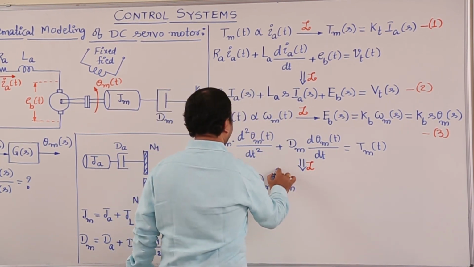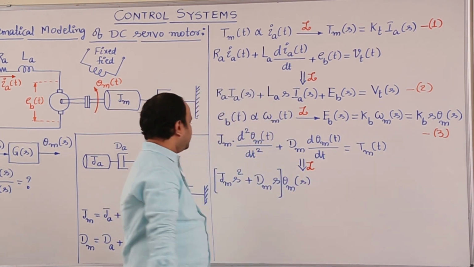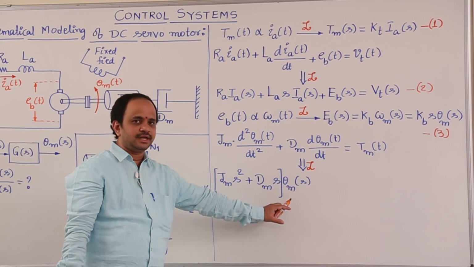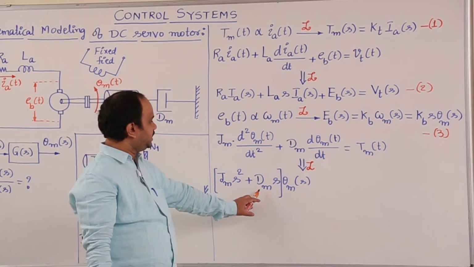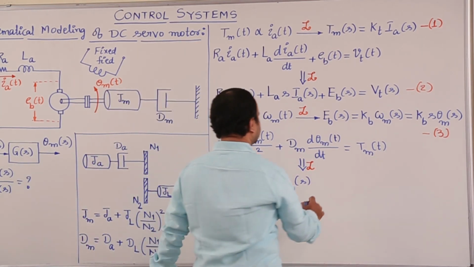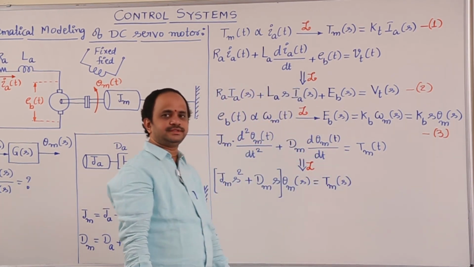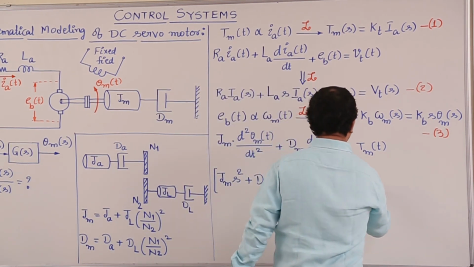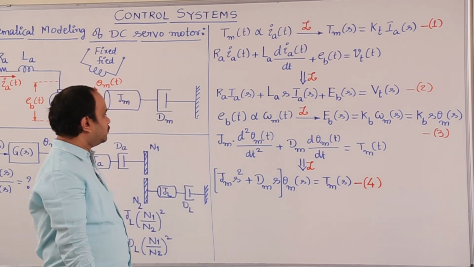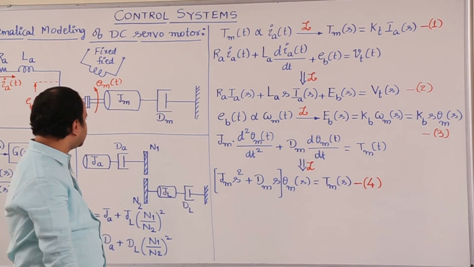Basically, the Laplace transform of the first term is Jm into S square theta m of S, plus Dm into S into theta m of S. If I take that common, you can write it like this, is equal to Tm of S. Let me write, this is equation number 4.